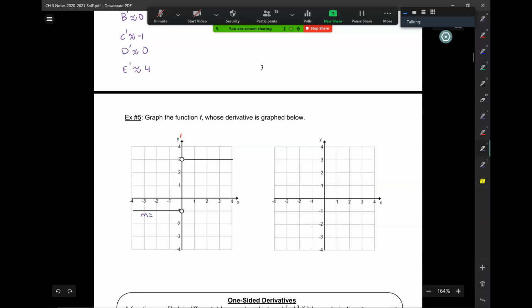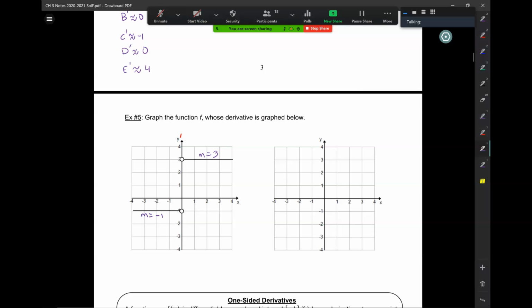So m is -1, and then m is +3 after 0. So in the region to the left of 0, I have to graph something with a constant slope of -1. What does that look like, guys?